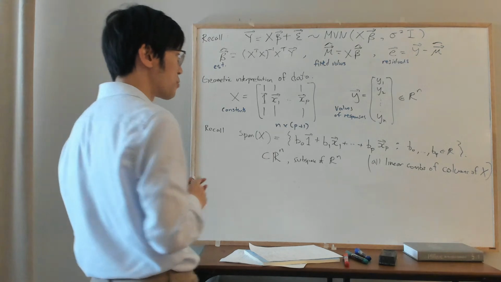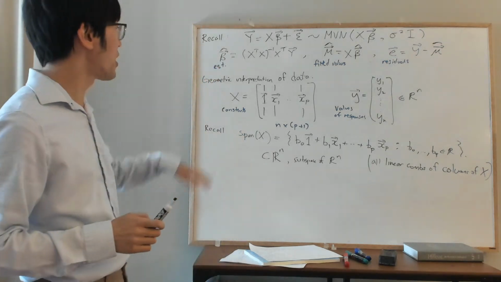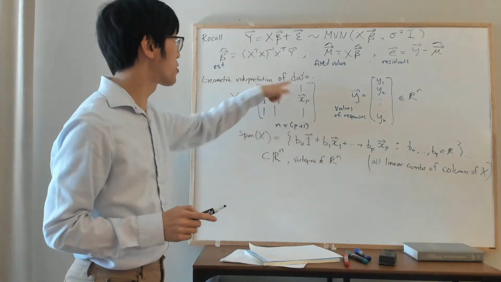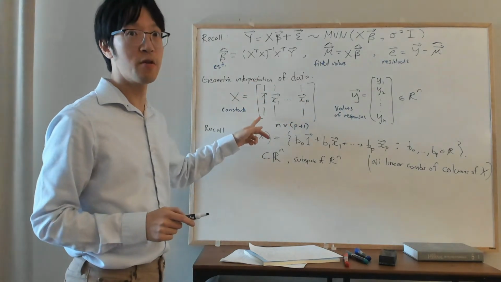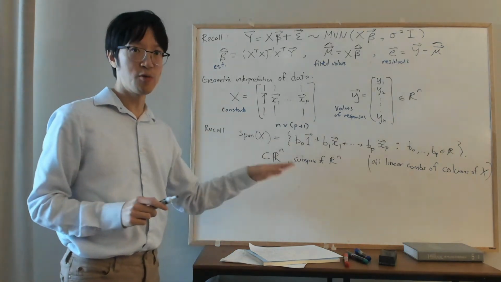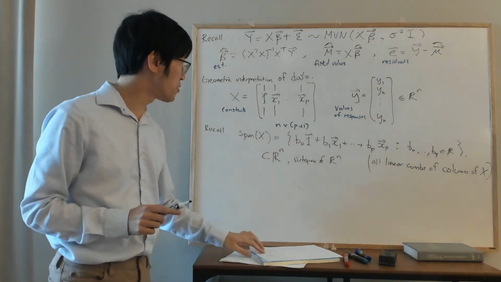So let's also remember that by the way we set up X, we set up our explanatory variables such that all the columns are linearly independent. That's one assumption we stated at the beginning of multiple linear regression.